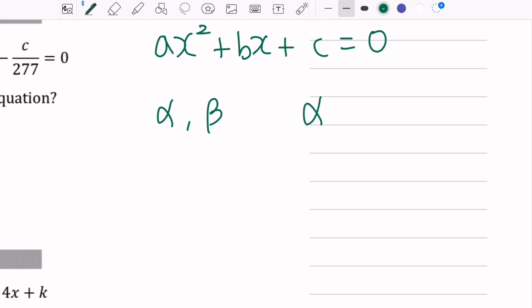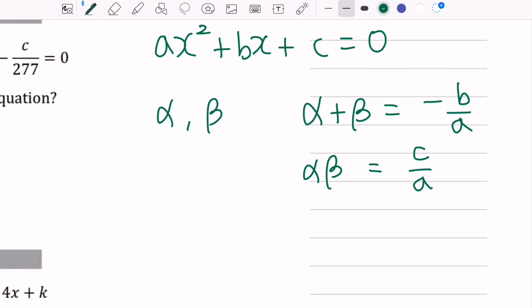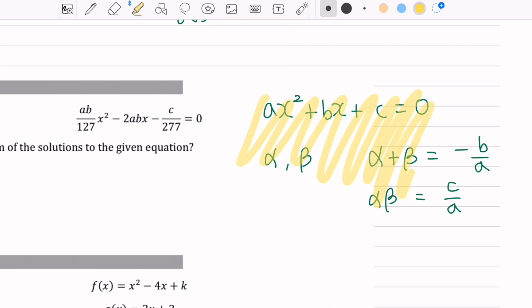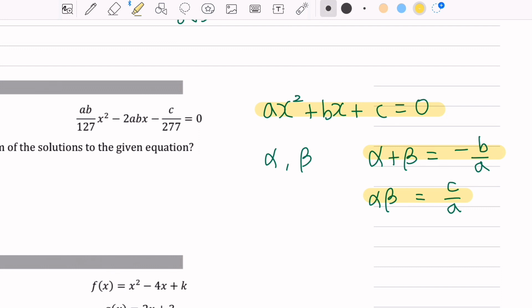Then the sum of the two solutions, alpha plus beta, would always be negative b over a, and the product of the two solutions, alpha times beta, would always be c over a. This is also very important and comes up often, so it would be good to memorize it as well. I would highlight those.